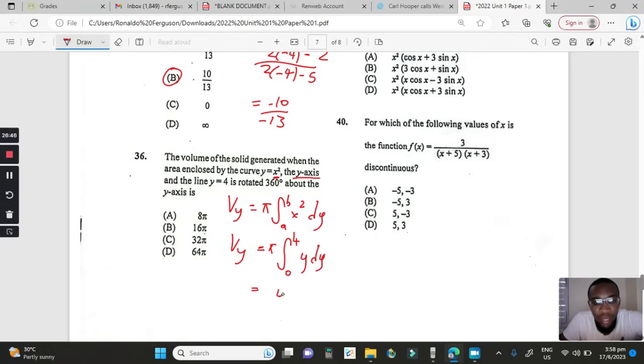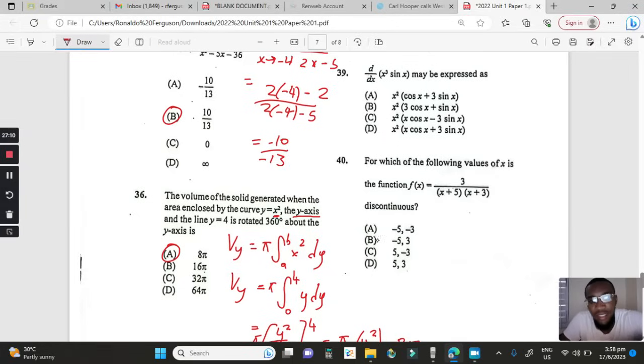When we integrate y, we get y squared over 2 going from 0 to 4. Then the result we're going to multiply by pi. Plug in the 4, so we get pi times 4 squared over 2. 4 squared is 16, 16 divided by 2 is 8. That's 8 pi, A. Not bad at all.